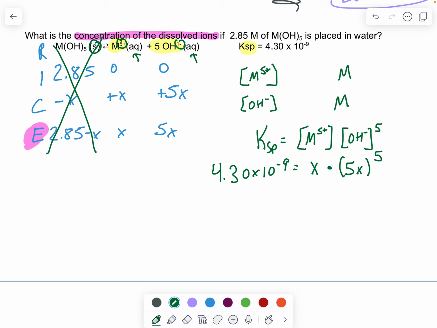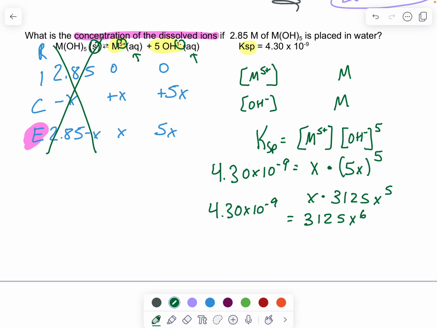Oh, I'm wrong. Oh my gosh, is 5 to the fifth a crazy number? Guys, 5 to the fifth is a crazy number. Who knew? 3125. And then you also have to bring the x to the fifth. That's still multiplied by x. So the last step is to take that x to the fifth multiplied by x, which means it's x to the sixth. That number still equals my KSP, which I give you.